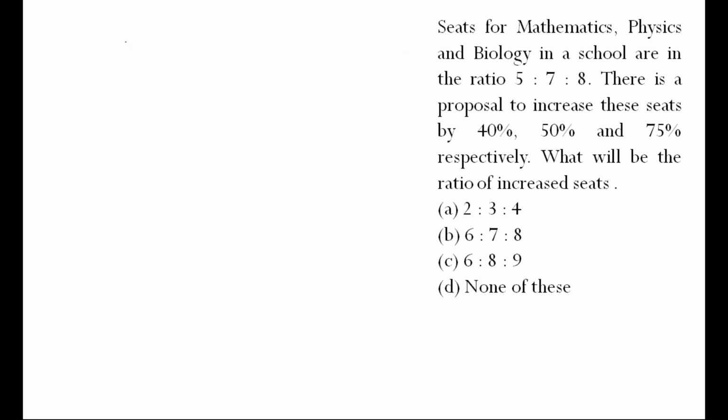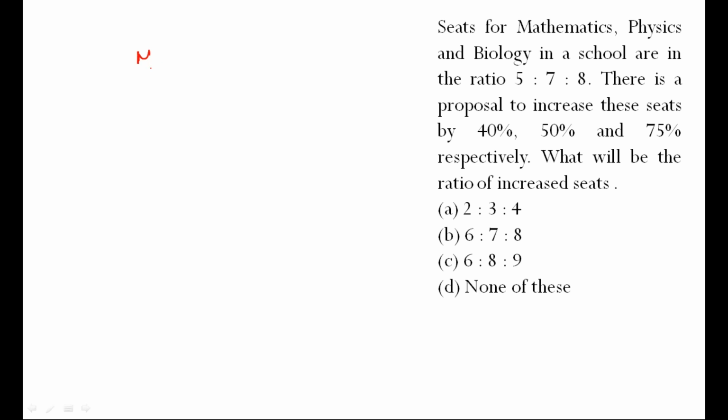Initially the ratio of maths, physics and biology seats is 5, 7 and 8. Now maths seats are increased by 40%, physics by 50%, biology by 75%. What is the new ratio?